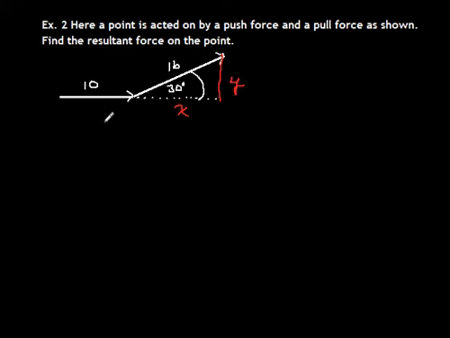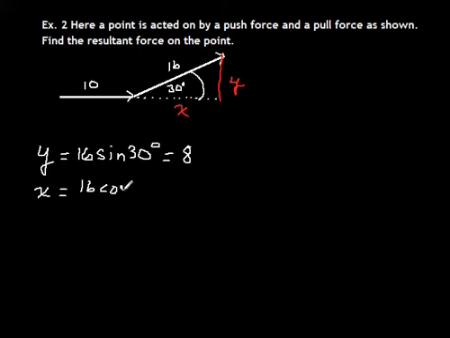So here we go. To get Y, it's going to be 16 sine of 30 degrees, which ends up being 8, because the sine of 30 is always 1/2. And then our X is going to be 16 cosine of 30 degrees, which doesn't end up being quite as nice, and that's 13.86.